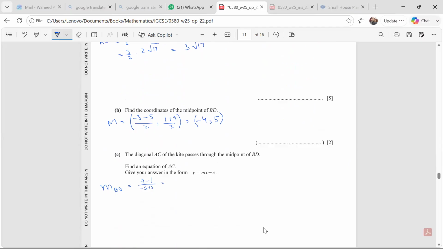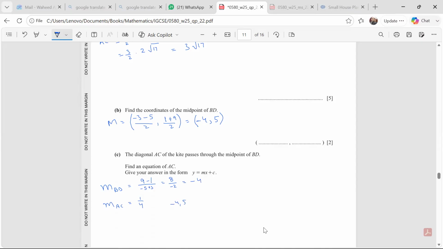So 9 minus 1 is 8, and minus 5 plus 6 minus 2, so this is going to be minus 4. So the slope of AC is going to be the negative reciprocal of this, so it's going to be 1 by 4.